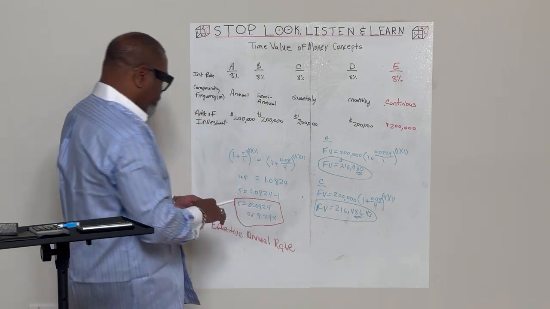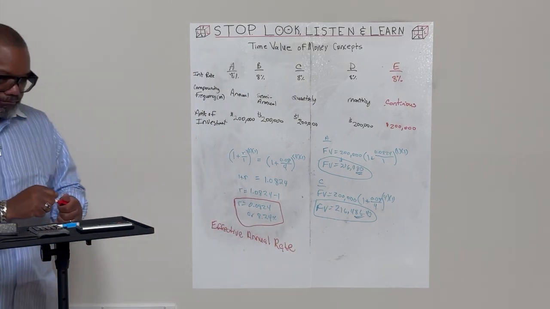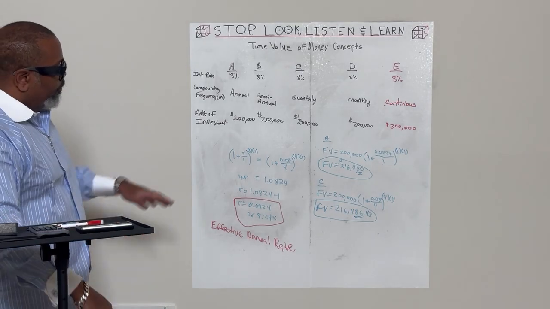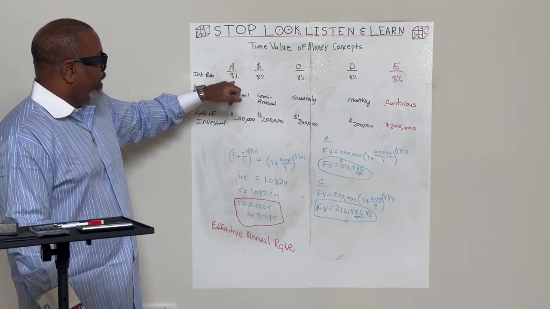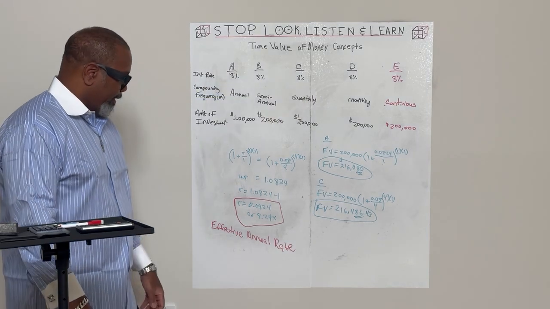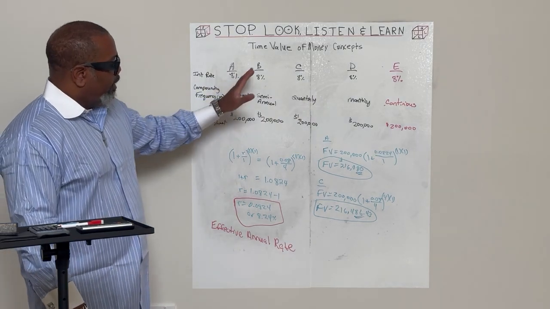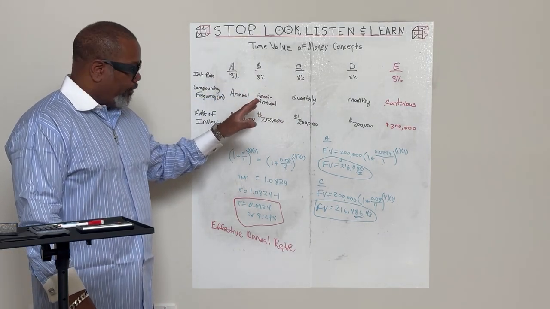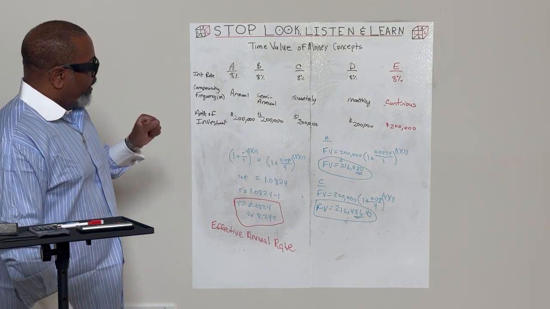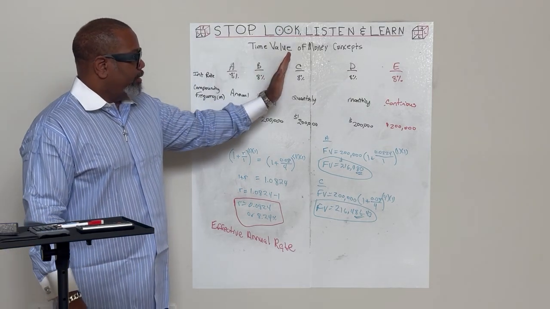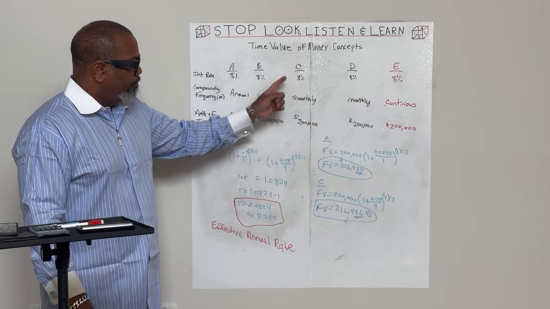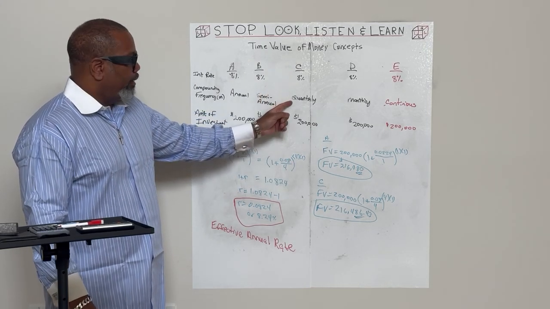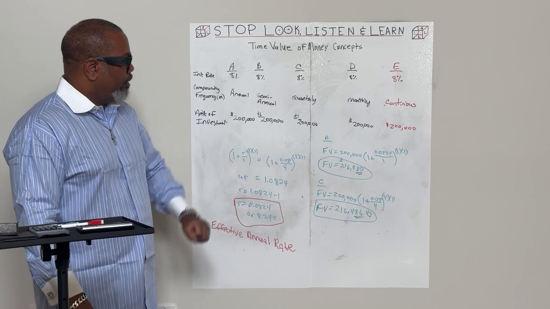Now, what that means in English is, if you're comparing 2 investments like we just did here, the investment at Bank A and the investment at Bank C, and the compounding frequencies are different, then if you go with Bank C, you're going to get a certain amount of money in 1 year based on their stated rate and their compounding frequency.